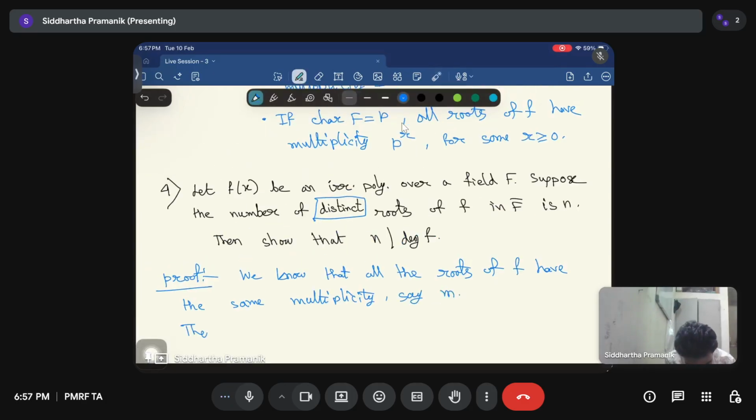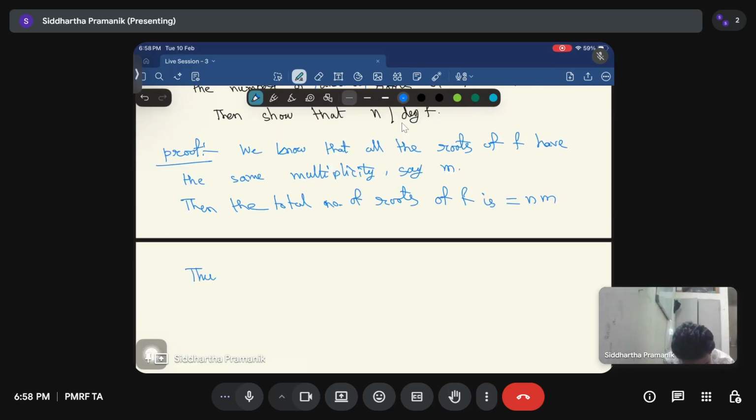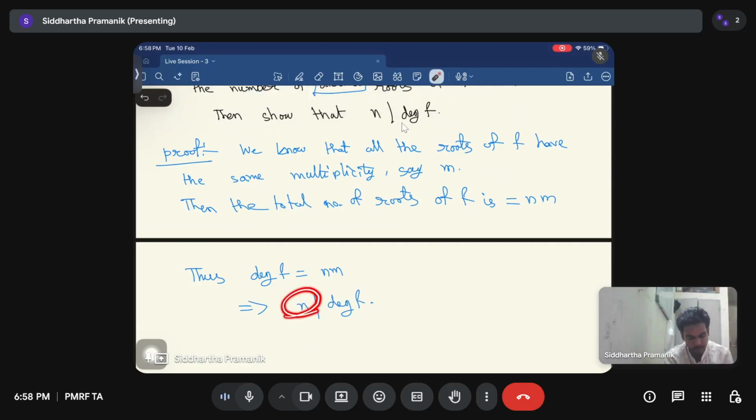Okay, then the total number of roots of f is n times m. So thus the degree of f has to be n times m, and this implies n must divide the degree of f, and this n is the number of distinct roots.